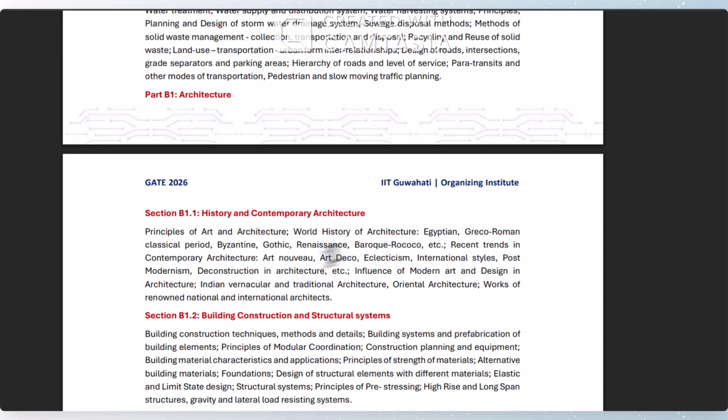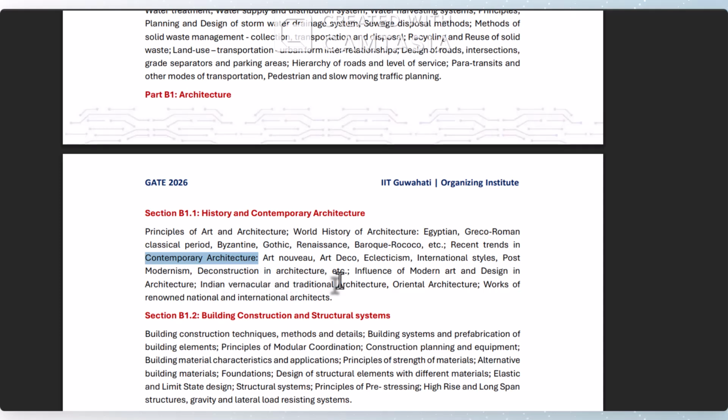Then, coming to contemporary architecture after history, we move to contemporary architecture, which includes Art Nouveau, Art Deco, eclecticism, international style, postmodernism, deconstruction in architecture, and so on.